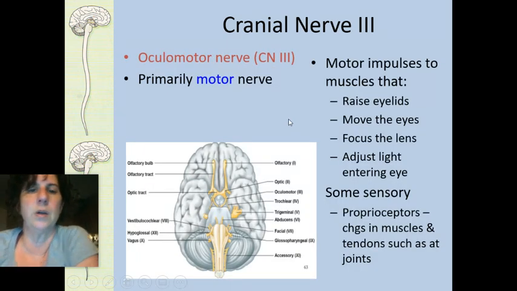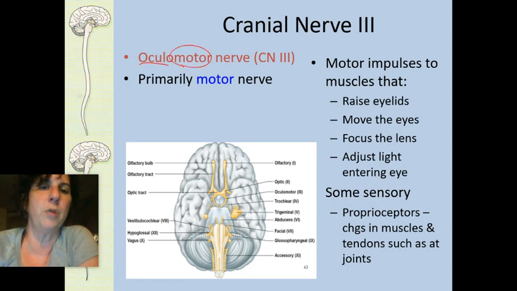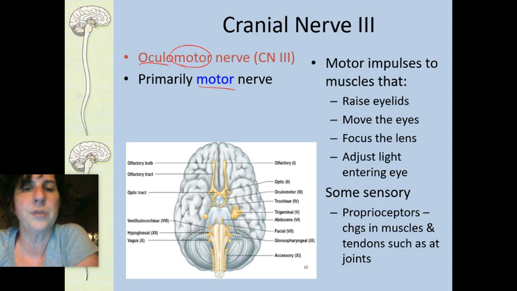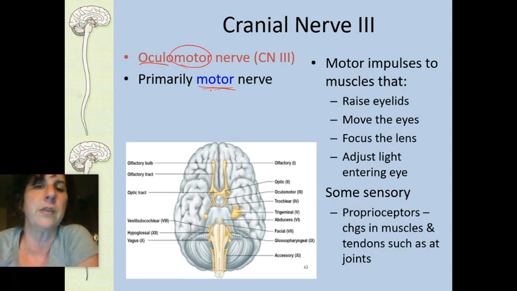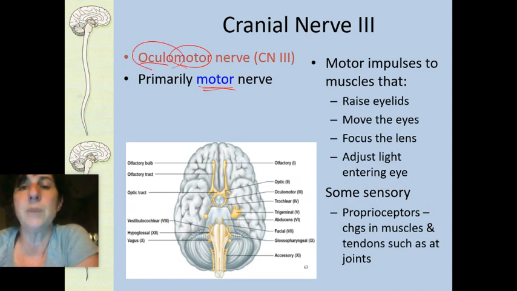All right, third one, oculomotor. Motor's in the term right there, so it tells you that this is a motor nerve. Some say Mary, so we're on that third one. That's motor. Oculomotor. Oculo refers to the eyes. So since this is a motor nerve, this is actually the nerve of many. There's several that do this, that help with movement of things that control the eyes.